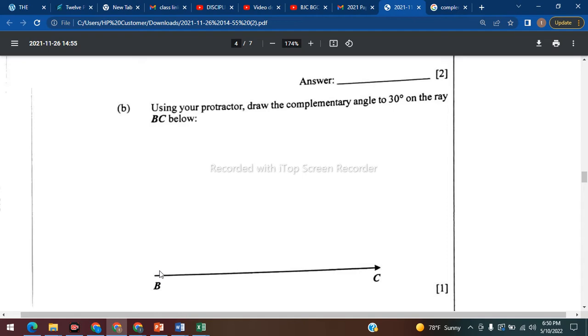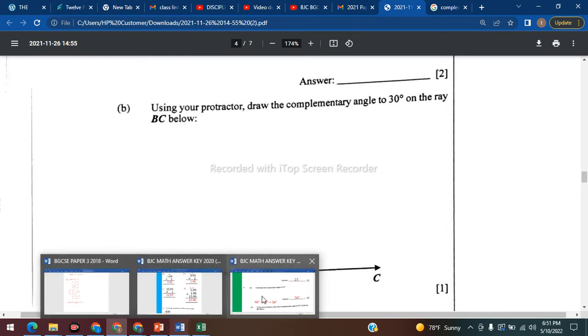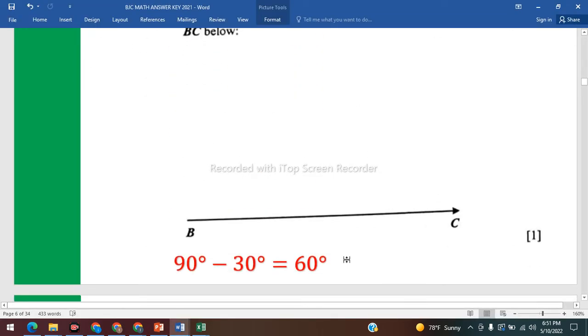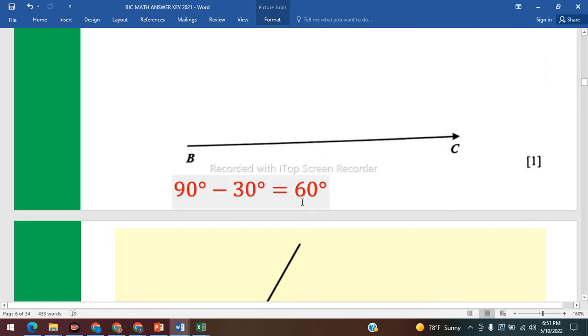Oh, I see how I didn't get that. 90 minus 30 is 60.